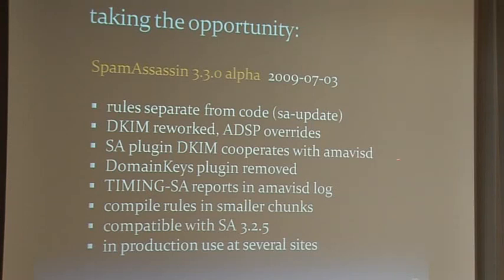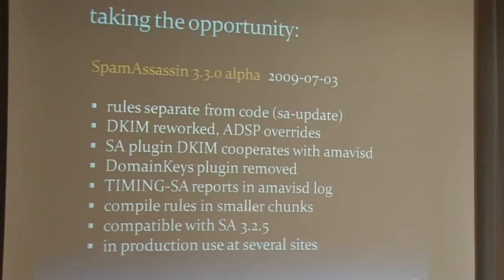And not only that, Amavisd can give only a truncated part of a large message to SpamAssassin, and this would not break the signature, which it would normally do if the plugin did its check on the truncated source. The domain keys plugin was removed because the DKIM plugin does it all for both. We mentioned the timing reports.